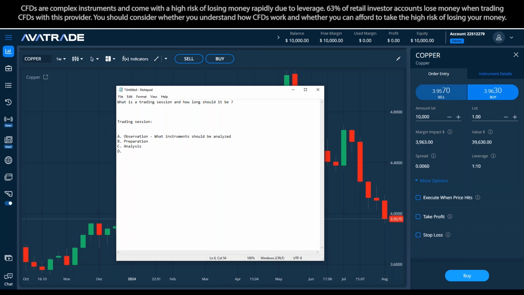Whether it's gold, Tesla, or something else. Preparation, what is preparation, guys? Who wrote here? Making strategy? Exactly. So preparation is basically thinking of what kind of position I will take, and maybe I need more than one position. Maybe I need another asset, two assets at the same time, right?